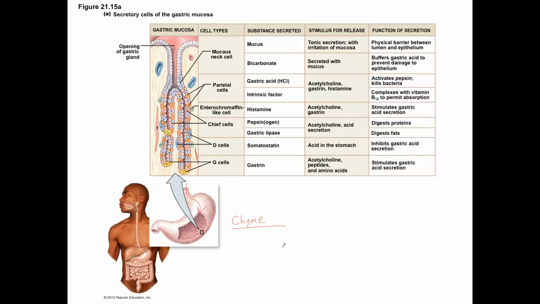So the stomach stores food, right? It's controlling how that food and liquid is released into the small intestine. It's important to do that. If you don't regulate the emptying of the stomach, you're going to overwhelm the small intestine, and that's not going to give the small intestine time to absorb nutrients properly.